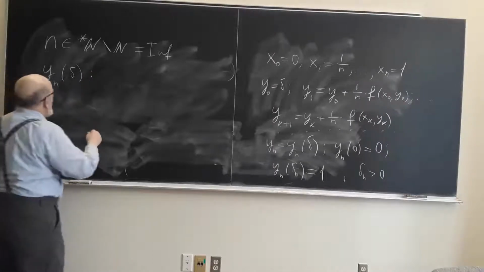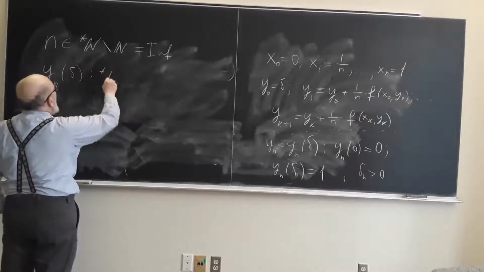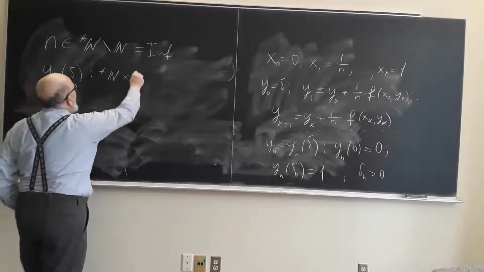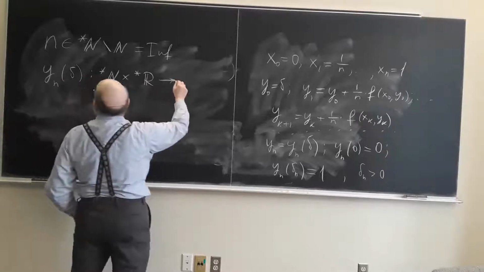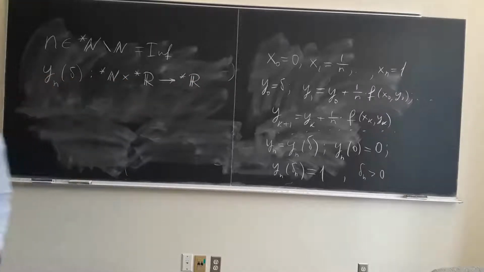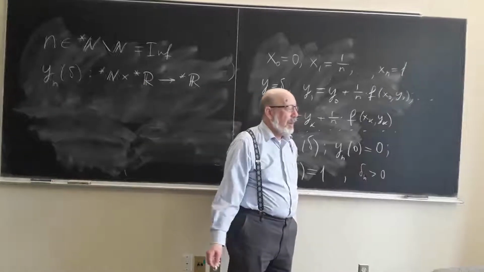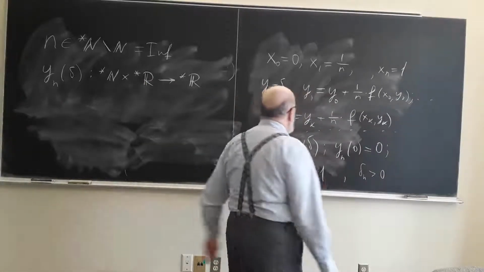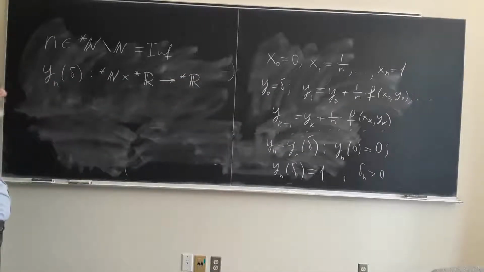It depends on n and on delta, from star N times star R to star R. So it maps these sets, and let me write the formula which describes the properties of this function yn as a function of delta.